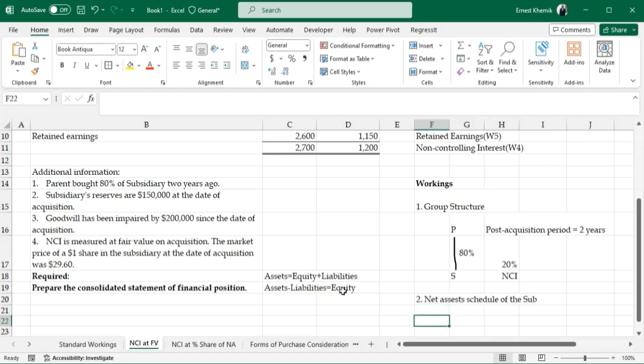So what do we have? We will have the net asset schedule. We are going to have our assets at the reporting date.